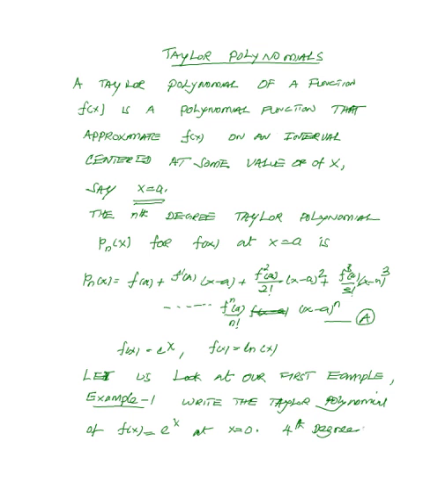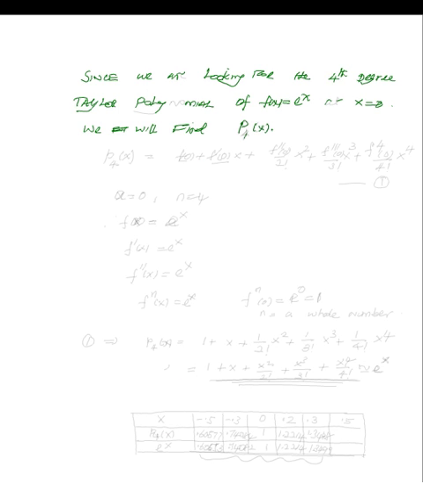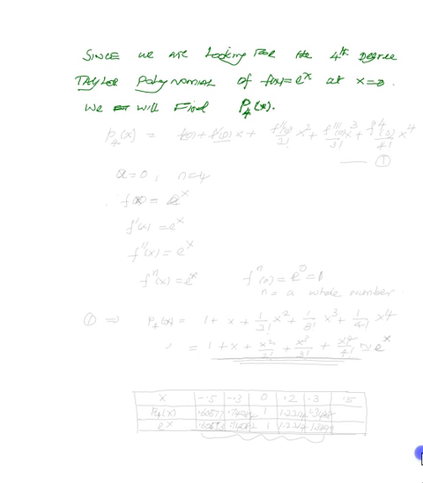So I'm not going to extend our discussion beyond the 4th degree for this example. We will have examples later on with more than 4 or 5 terms. Since we are looking for the 4th degree polynomial for f of x, that means we are looking for p4 of x.